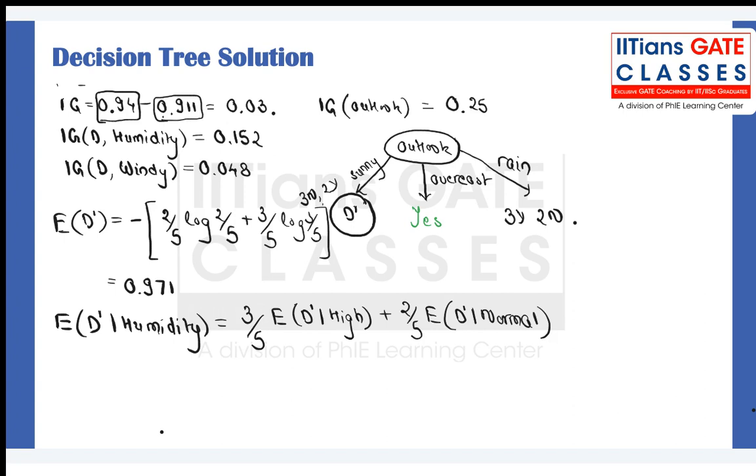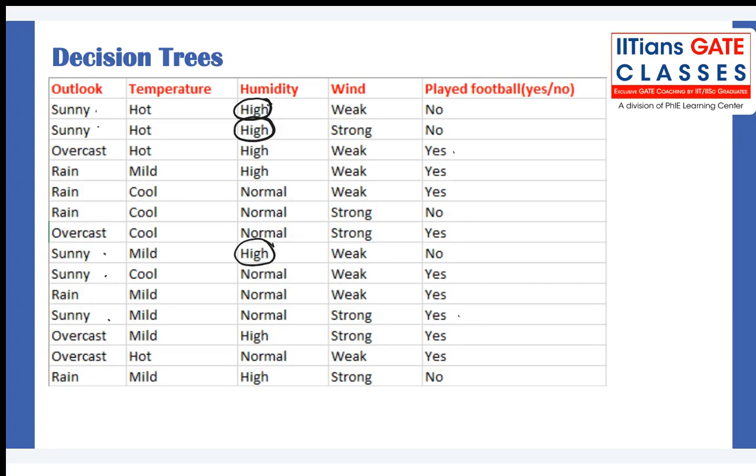So the entropy of d dash given it is high is nothing but minus pk log pk. So p1 log p1. Okay, let me calculate p1 only directly. So p1 denotes the set where you are only considering sunny and also considering high only. So in high, all three are no's.